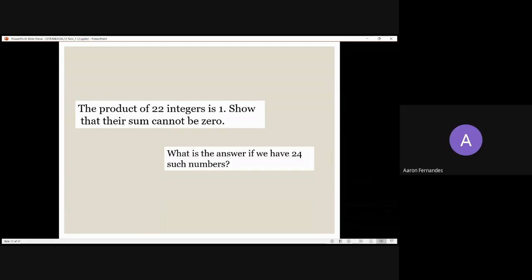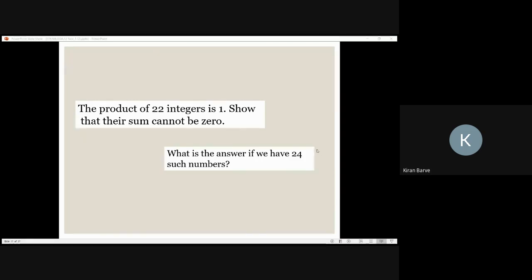Okay, sir. So the number of minus ones, will it be odd or will it be even? My question is simple. Arshit Singh says that the number of minus ones is even.